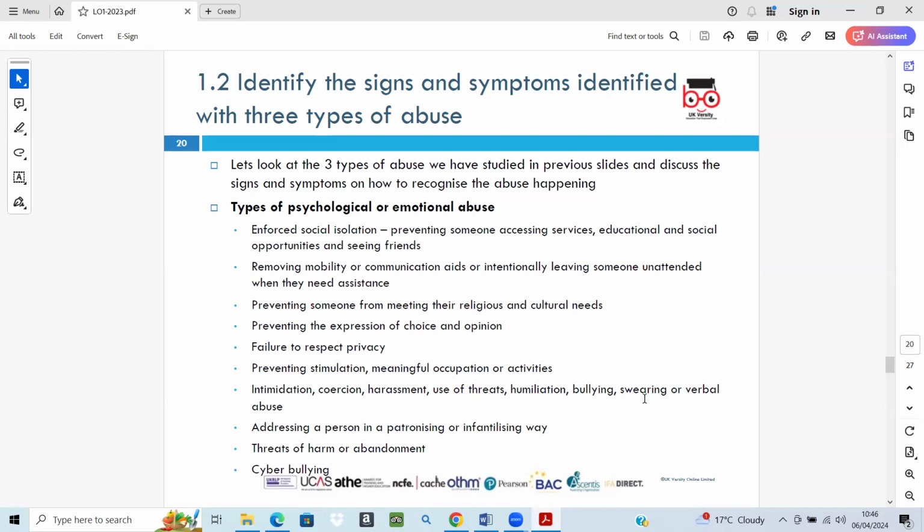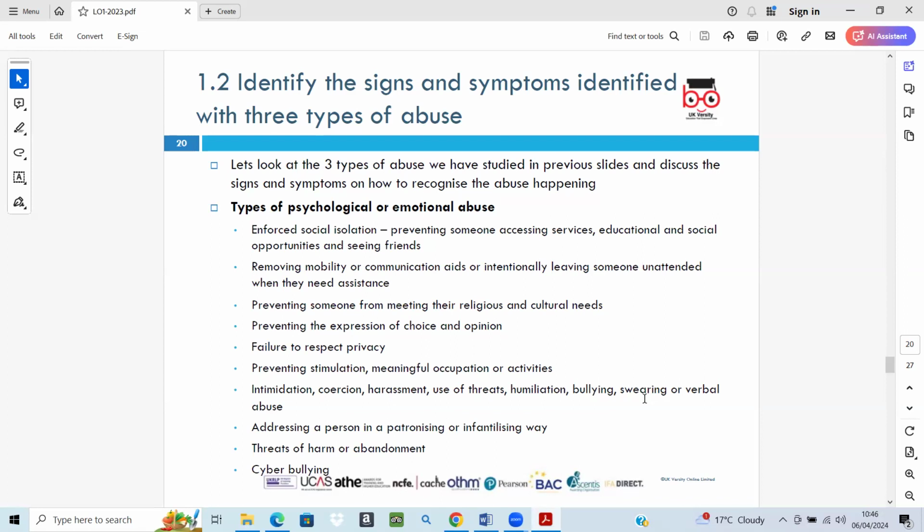And then we have failure to respect privacy. This is again really important. We always need to take consent from the service user, and what it involves. This can involve taking someone's personal space or affairs without their consent.